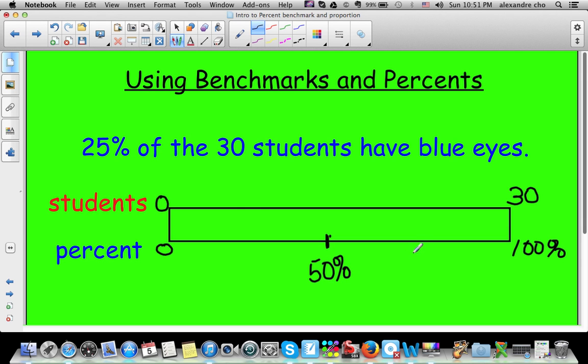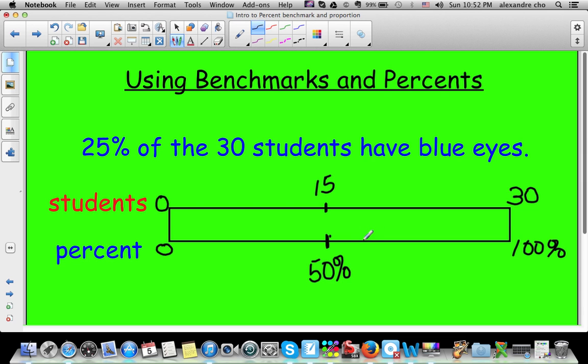So that's a benchmark, very easy to recognize, very easy to locate. No calculations needed. And just as well on the top line, 50% is half, whereas for the number of students, half of 30 is 15. So those two locations were very easy to put on the two lines.